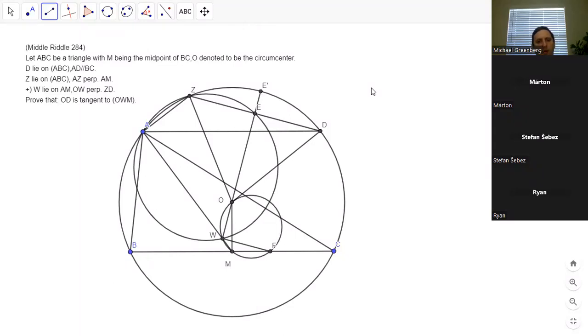So yeah, AMO is 90 minus AMB, obviously. So maybe it's easier to think about it like that. So AMB is, we want to show it's OZB. That's kind of interesting.